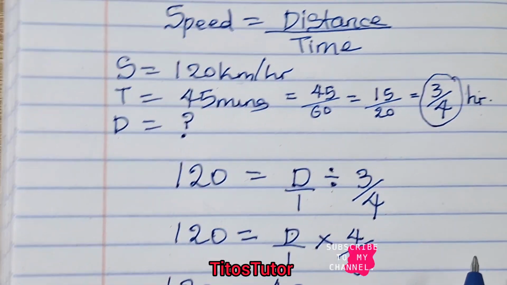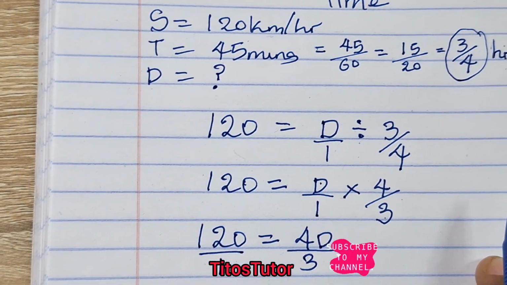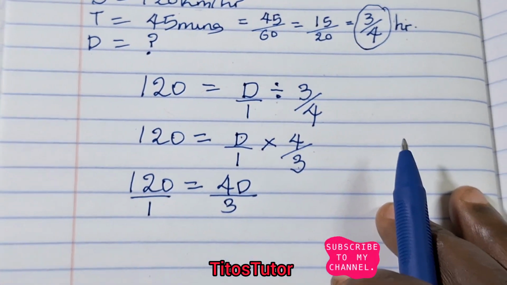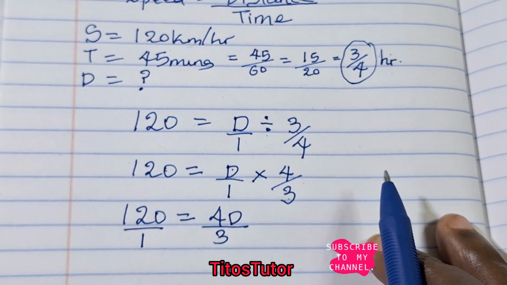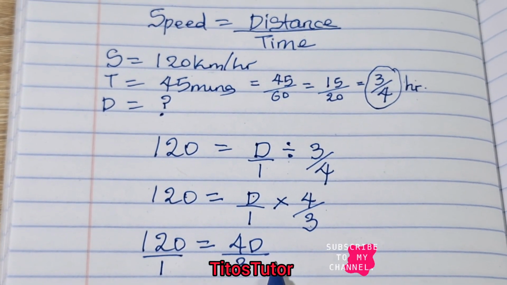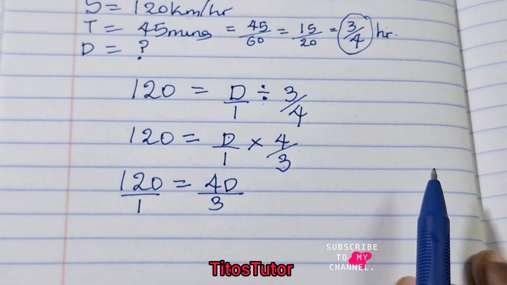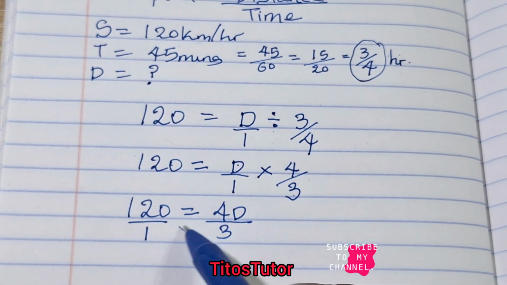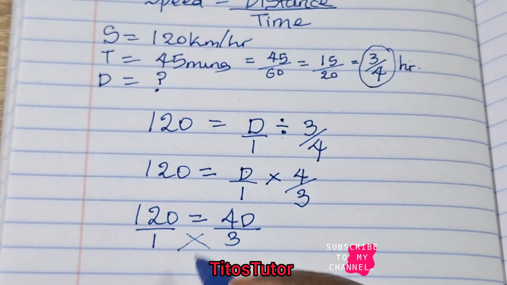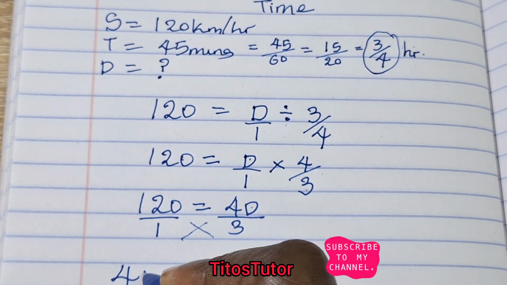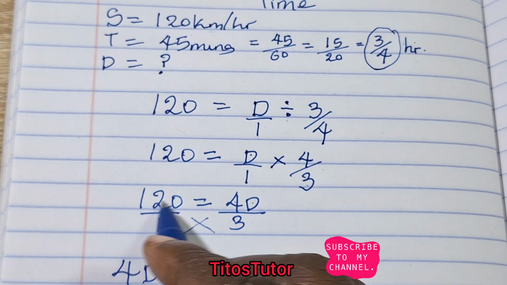When two fractions equate each other in math, what do you do? You cross multiply. Okay, this is a fraction, this is another fraction, and they're equating each other. So we cross multiply. 4d times 1 is 4d.